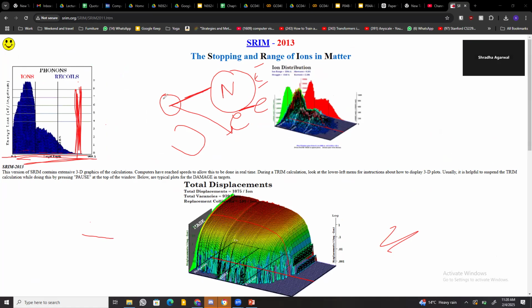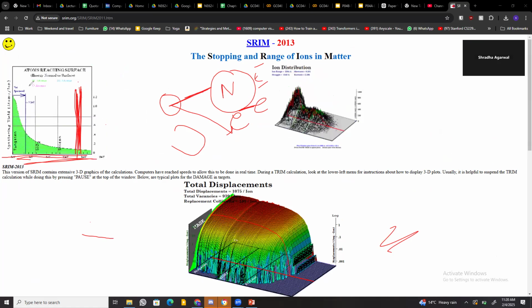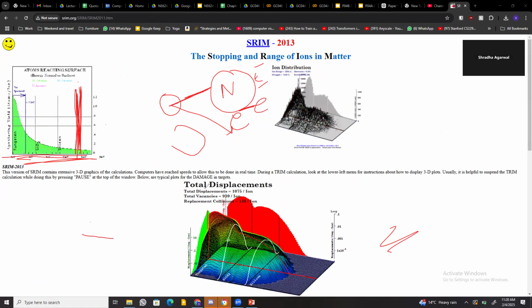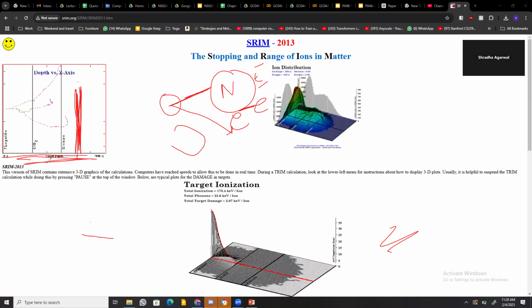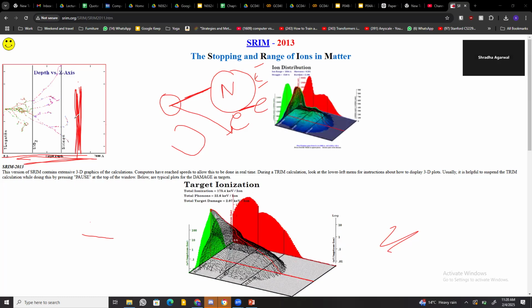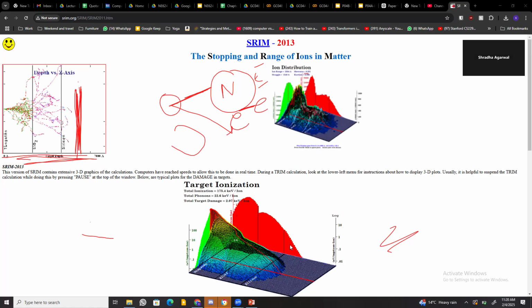So you can create this, and you can let me know, because it's a very, very easy software. Once you download it, it will start from the beginning, and you can choose an ion. It goes on the material. After that, it can create these ranges and things like that.